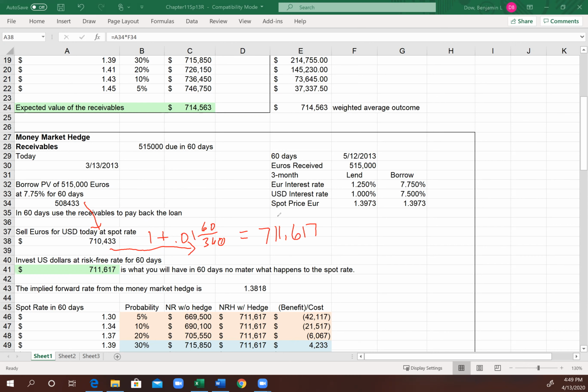So what we're able to do is compare US dollars on day 60 to what we'd receive on day 60 without the hedge.